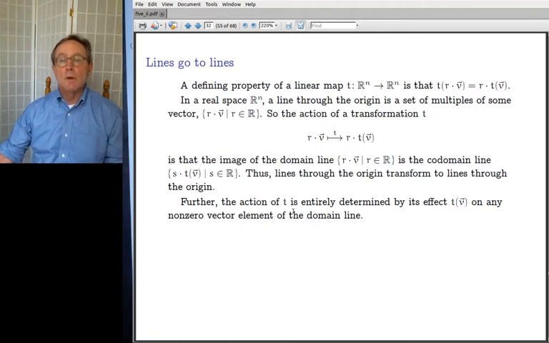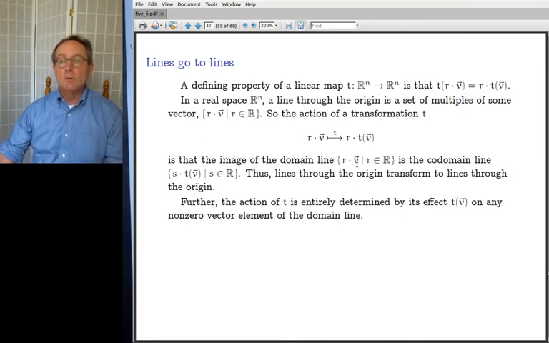And furthermore, the action of T is entirely determined by its effect on any non-zero vector element of the line. So if you want to see what T does to elements in this line, pick some non-zero v, calculate T of v, and that tells you what happens to every vector in that line.